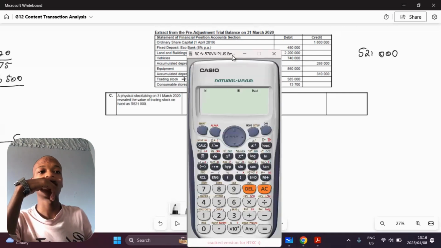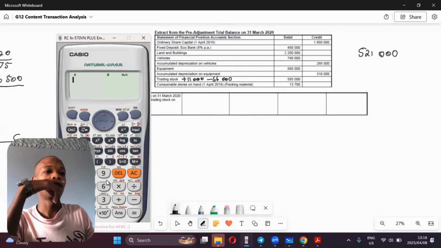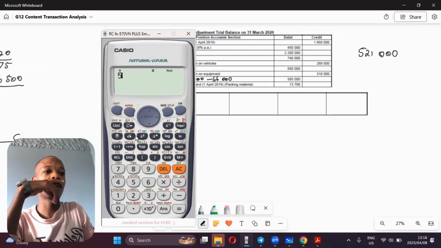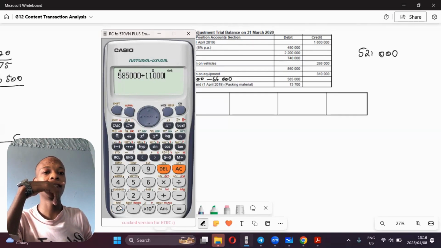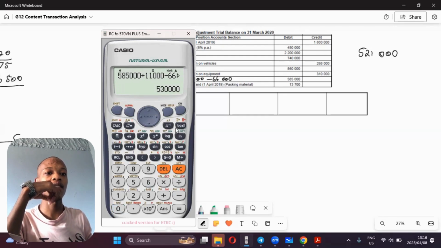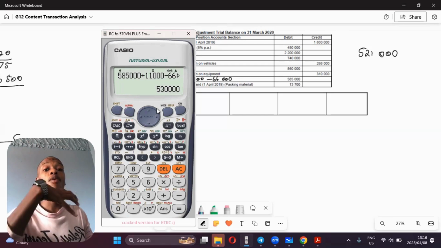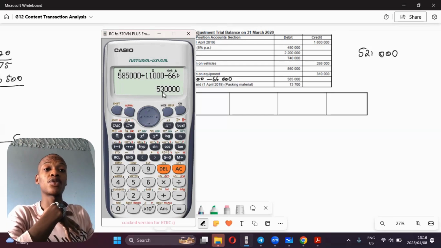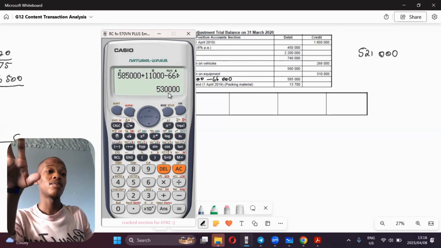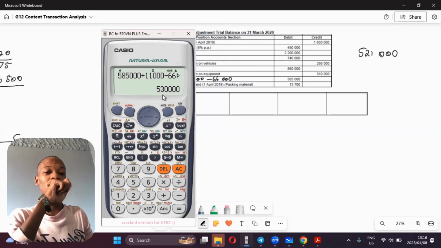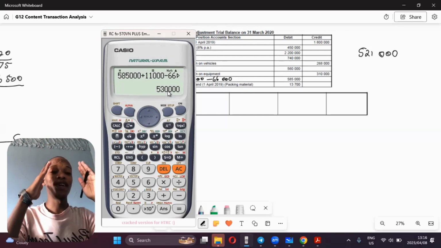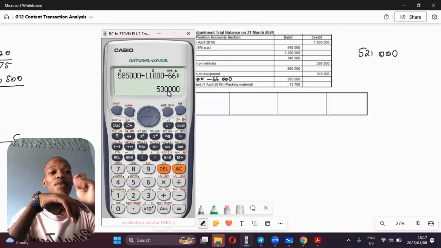It's going to be 585,000 plus 11,000 minus 66,000. According to our business, this is how much the value of stock is worth now, before adjustment: 585,000.